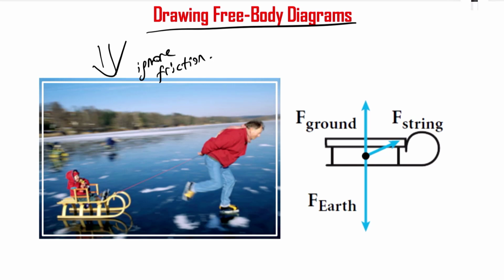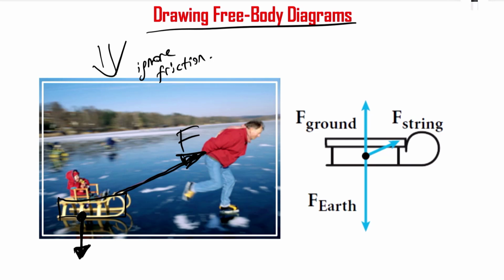Here, what kind of force is acting? This one. The father or someone pulling it with a string. So here there is a force. We can say that force of pull, force of string, it doesn't matter what we name it. And this object has mass and it has weight.